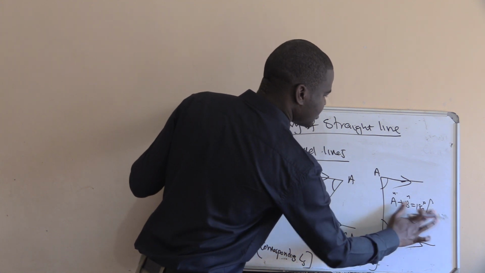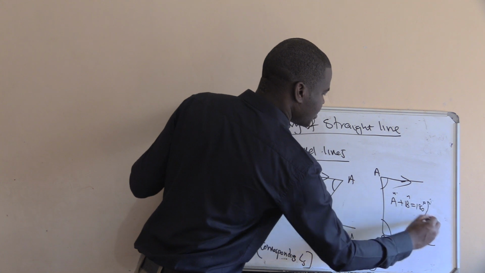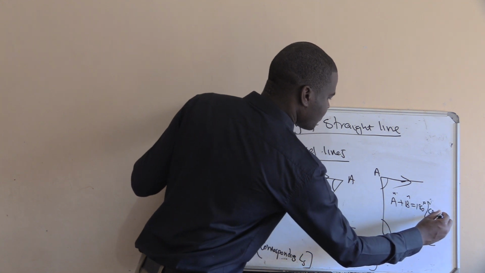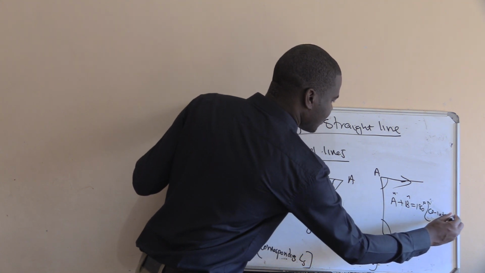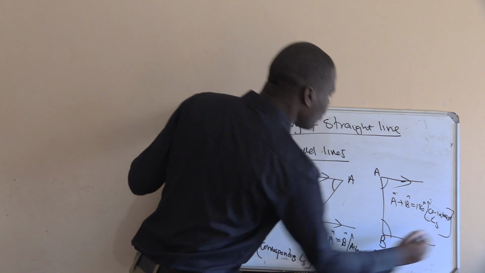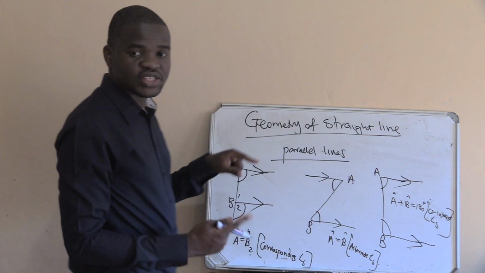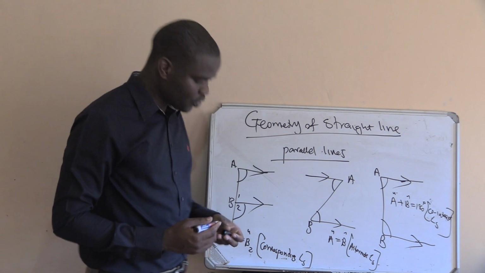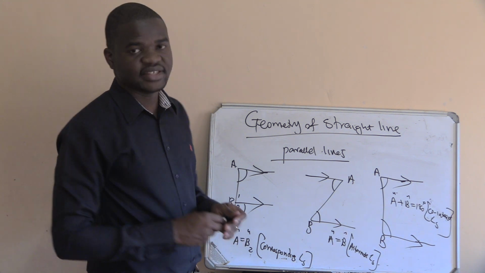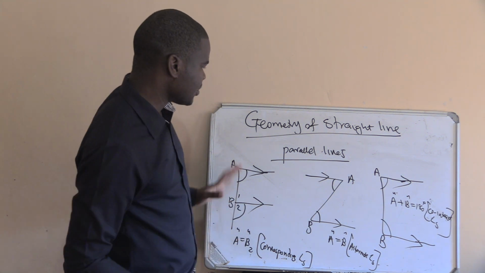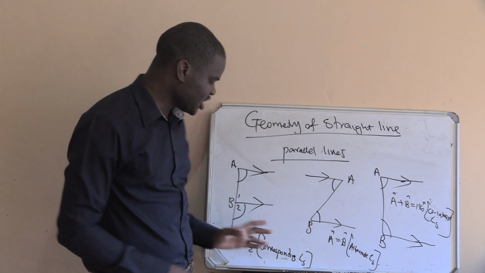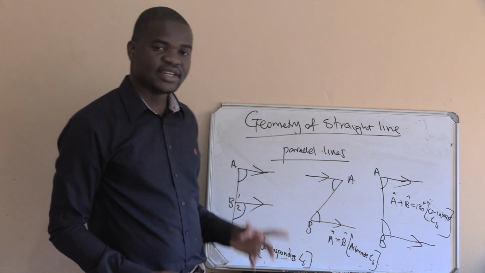I can try to write it so that you can see it. I want to make it visible. Co-interior angles. It's co-interior. When you add those angles that are inside, they give you 180 degrees. Don't forget. So these are parallel lines. You must be able to apply these things in diagrams.